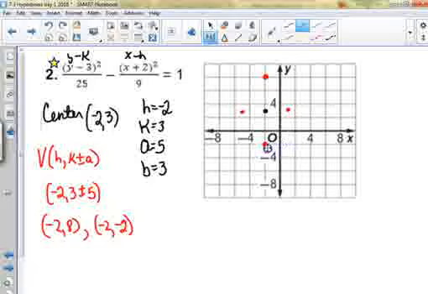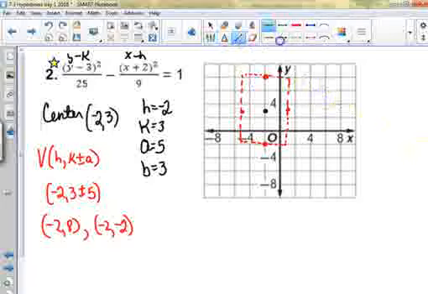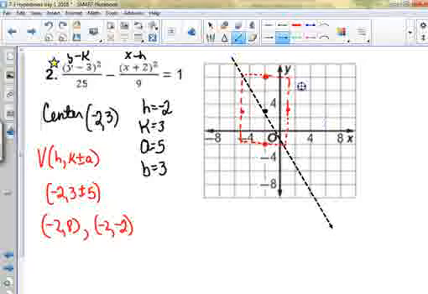Does that seem right to everybody? Draw your rectangle. Instead of the ellipse, you're drawing a rectangle. Then you're going to put in your asymptotes. Yes, I'm cheating.